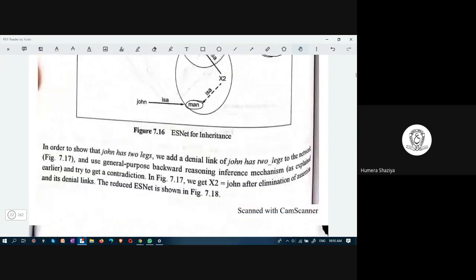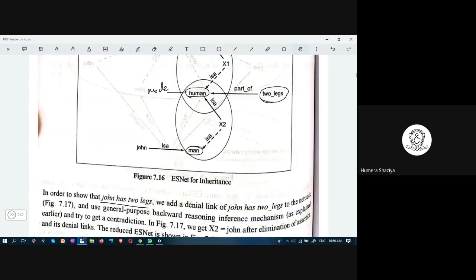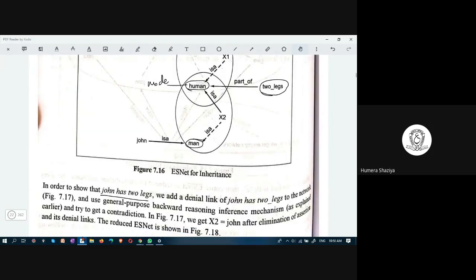And in order to show that John has two legs: when we say man is a human and has two legs, later there is another clause stating that John is a human, we can infer that John also has two legs.